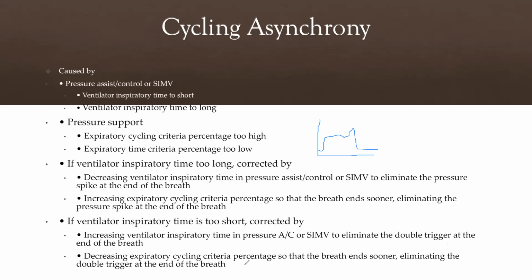Decrease expiratory cycling percentage. Okay, decrease expiratory cycling criteria percentage so the breath ends sooner. Will it end sooner? So that's got to be a typo. I mean, I took this from the chapter, but it doesn't make sense.